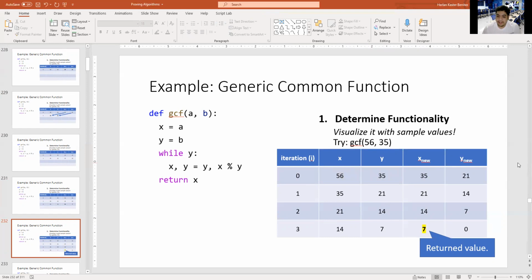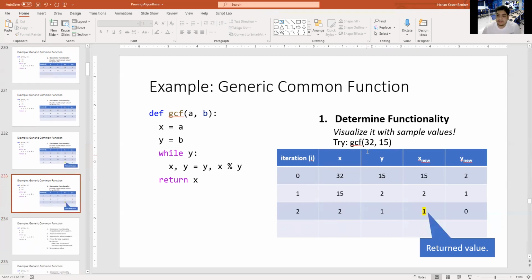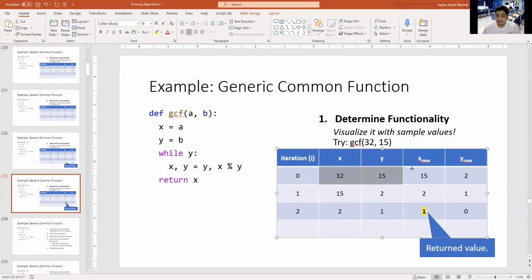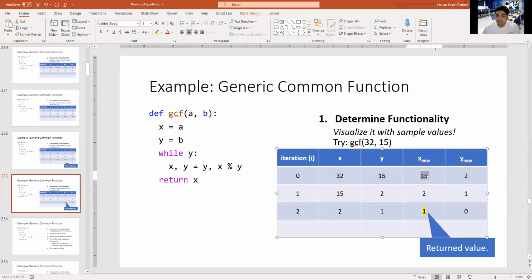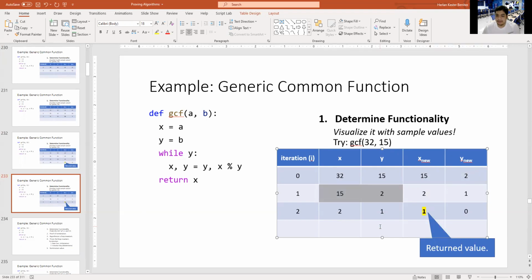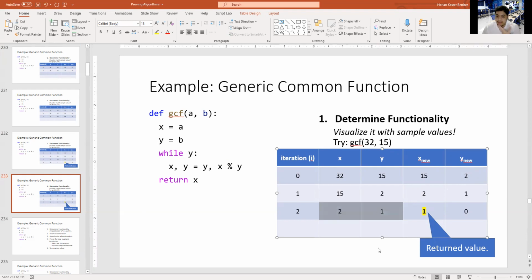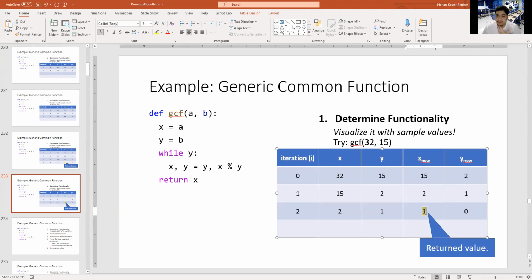So, kung skeptical pa kayo, kung GCF nga siya, let's try it with other values. So, let's try it with 32 and 15. So, pag 32 and 15, remainder nila is 2. And then 15 and 2, yung x natin would be 2. And then yung remainder ng 15 divided by 2 is 1. And then 2 divided by 1, walang remainder.